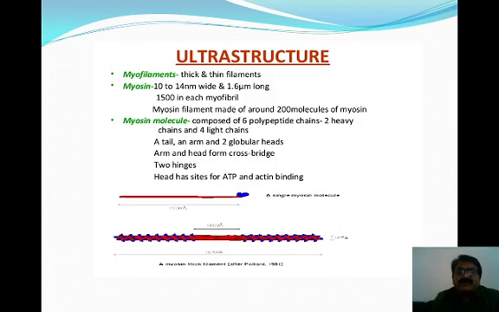The arm and heads form the cross bridge. The 2 hinge heads have sites for ATP and actin binding. In this diagram we see the myosin filament with its head and tail, which have the ability to form the cross bridge.